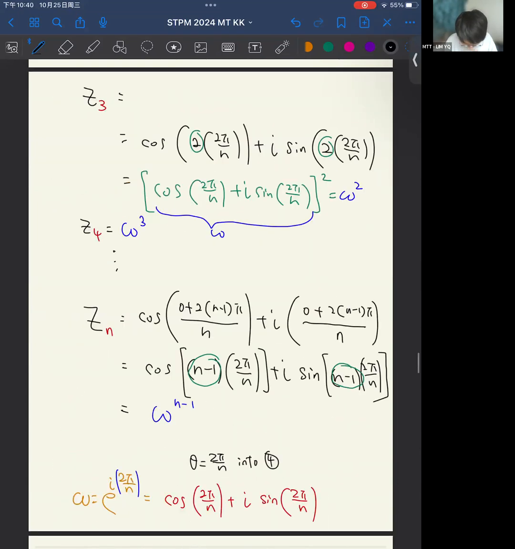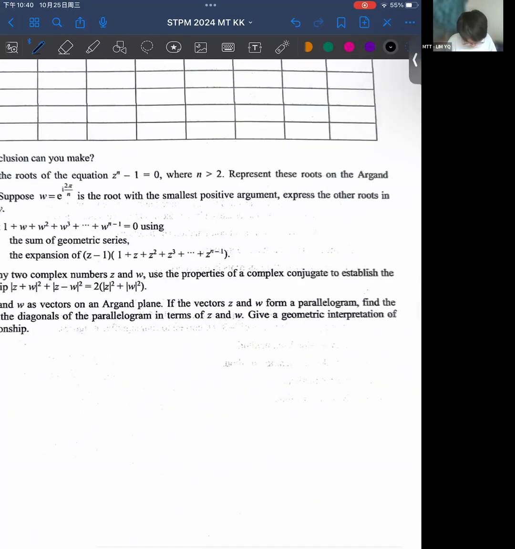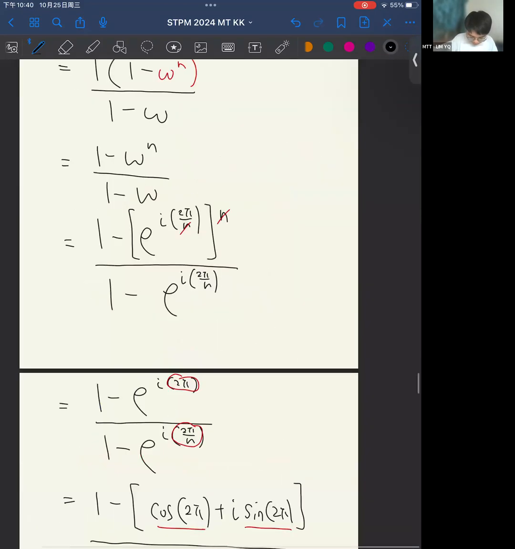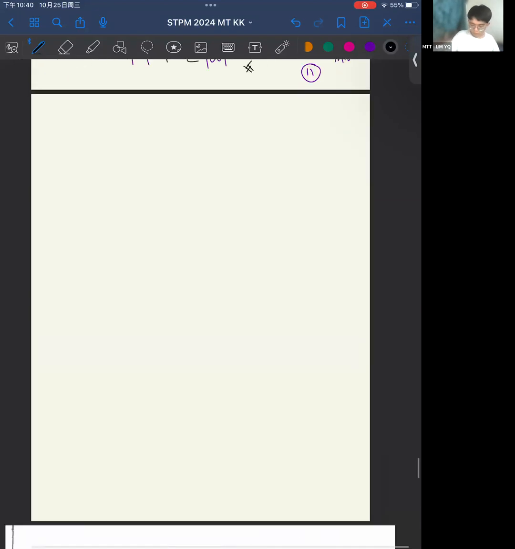If Z and W form a parallelogram, find the length of the diagonals of the parallelogram in terms of Z and W. Give a geometric interpretation of this. Now Z and W in Argand diagram.